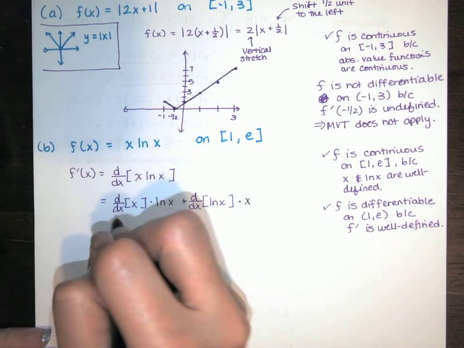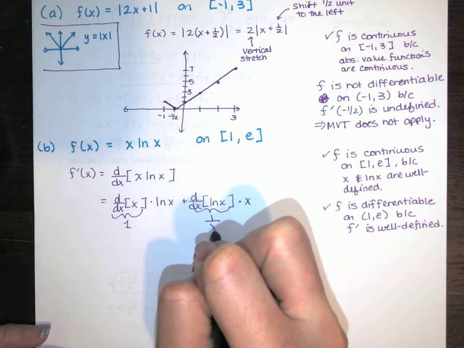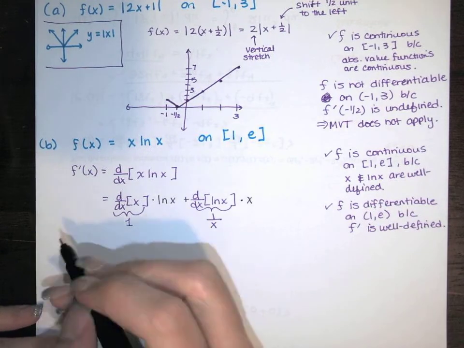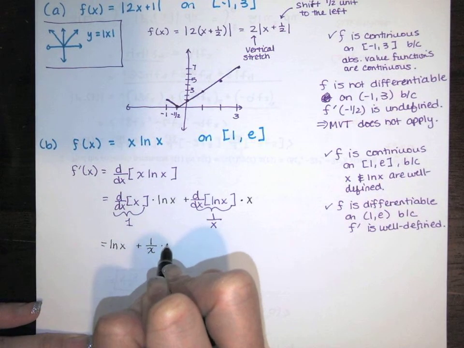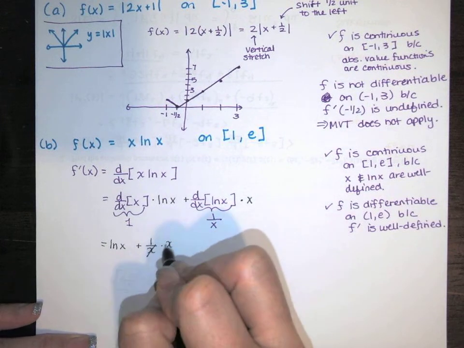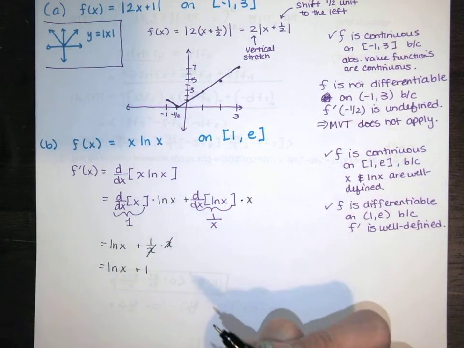And the derivative of x is 1, and the derivative of natural log of x is 1 over x. So we've got natural log of x plus 1 over x times x, and the x's reduce, so we just get natural log of x plus 1.